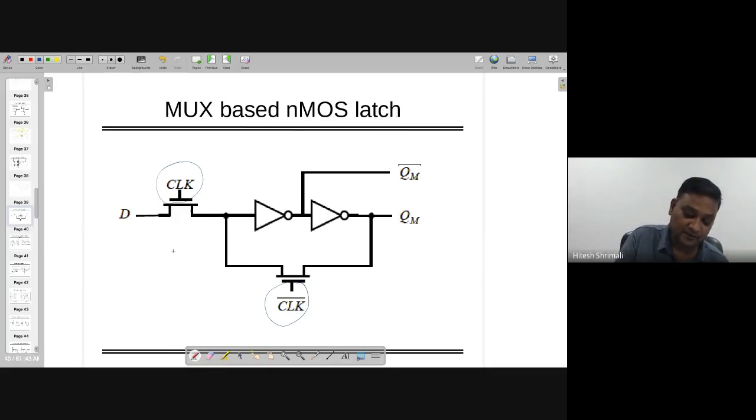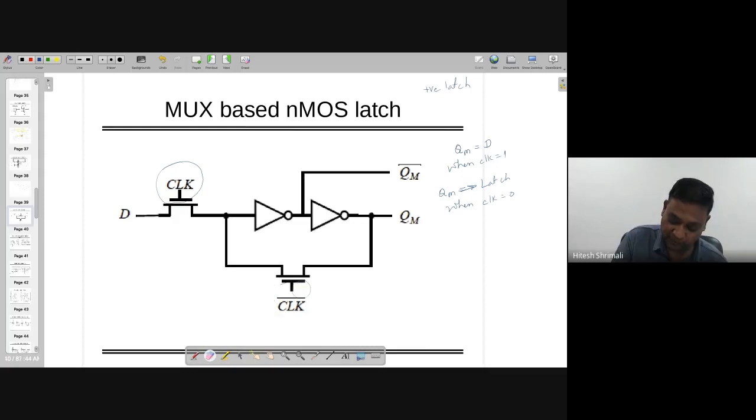I know that for a positive latch, I'm interested in QM equal to D when clock equal to 1, and QM equal to the previous value, or you can say it's in latch mode, when clock equal to 0.